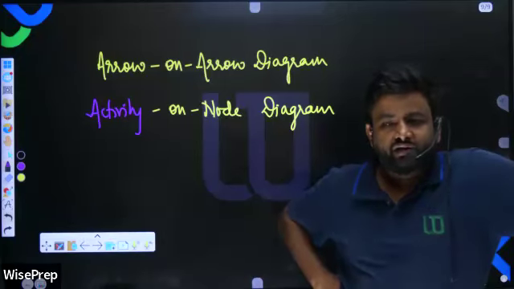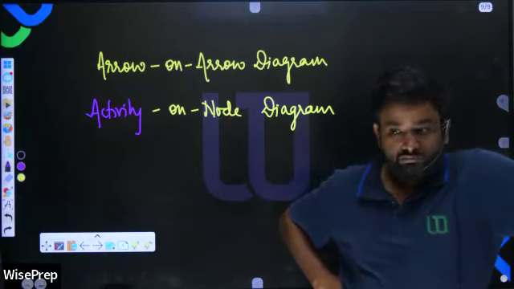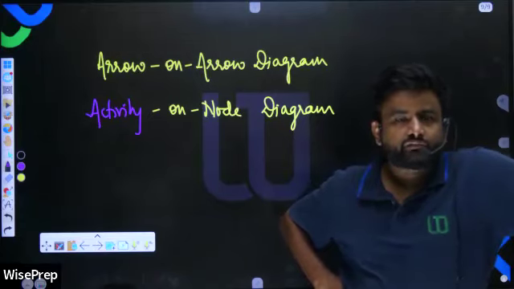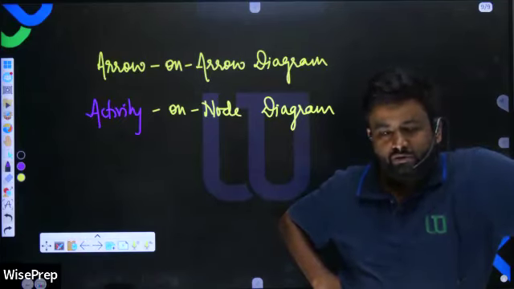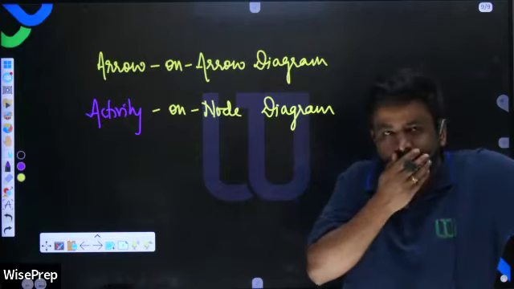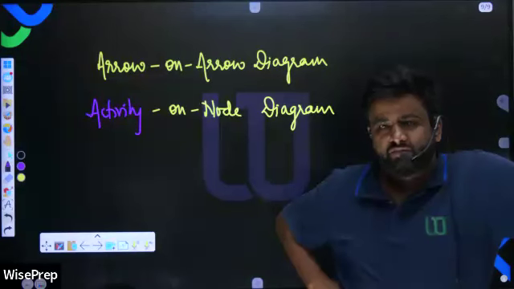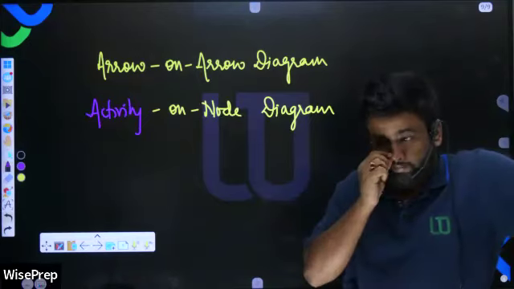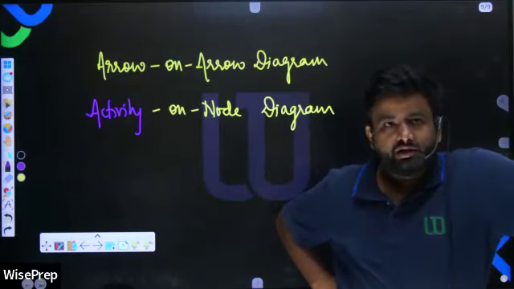Work breakdown structure is a device that identifies the functional elements of a project and their interrelationship.